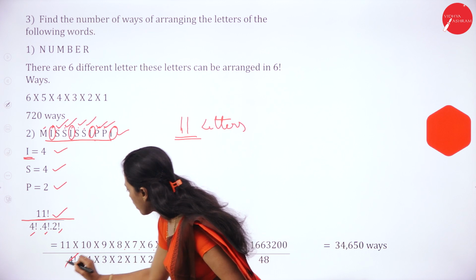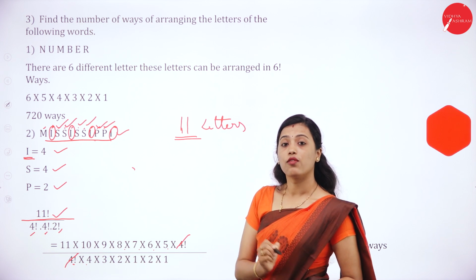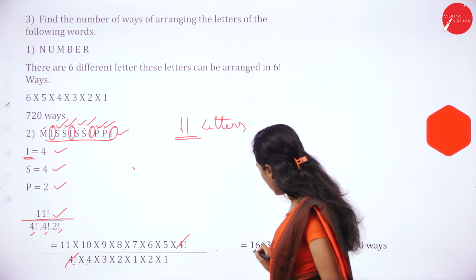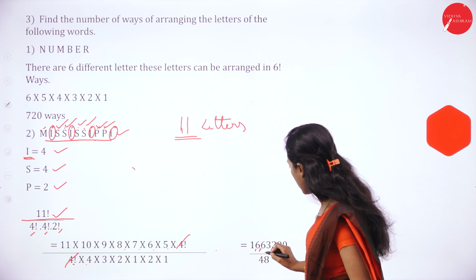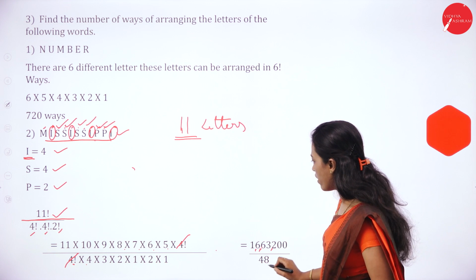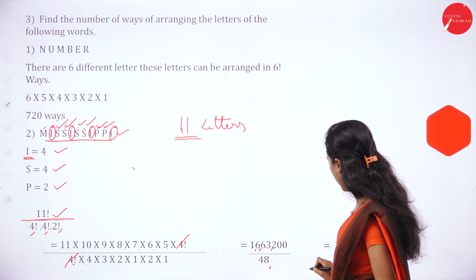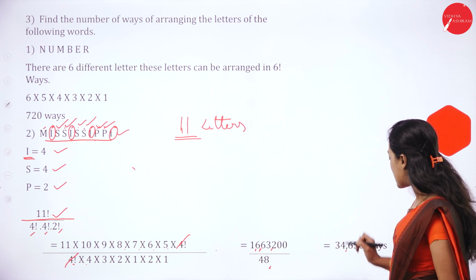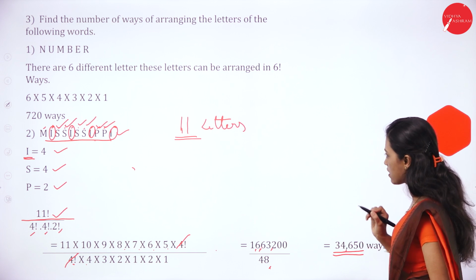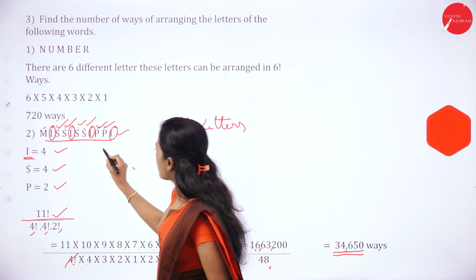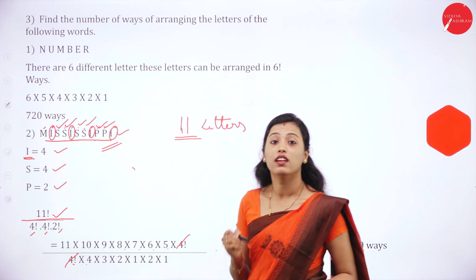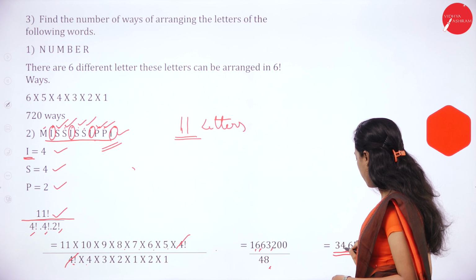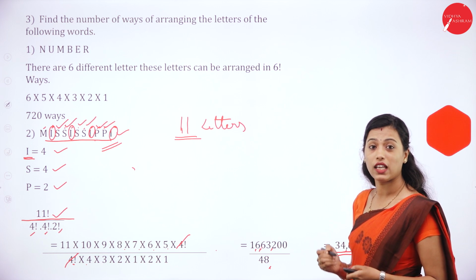Now 4 factorial will get cancelled. So we'll get 16,63,200 divided by 48 is 34,650 ways. So we can arrange this word in 34,650 ways.